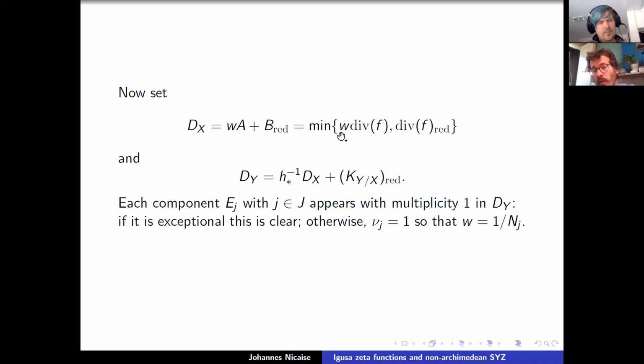So that's the same thing as the minimum of W times divisor of F and the reduced divisor of F. And then dy is the logarithmic transform of this divisor on Y. So which means the strict transform plus the reduced exceptional locus. Now, if we start pushing this divisor to one of the steps in the MMP, one of the YL, the reduced exceptional locus remains the reduced exceptional locus, and push forward of the strict transform, that remains the strict transform. So this is actually valid on each of the YL as well.